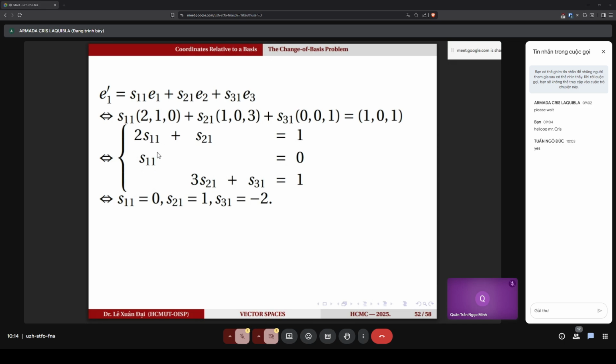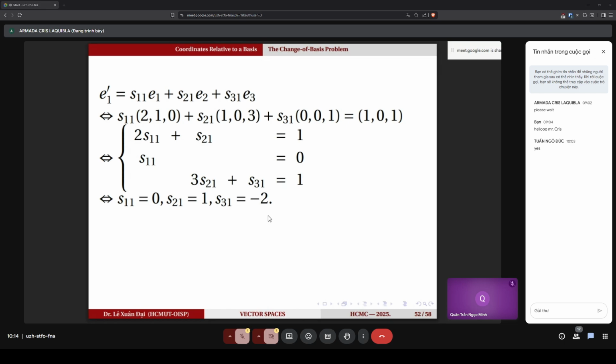If S11 is 0, multiplied by 2 is 0, so S21 is equal to 1 directly. Now if your S21 is 1, substitute it here in the third row. 3 times 1 is 3. Transfer the 3 to the other side, it becomes minus 3. So 1 minus 3, your S31 is negative 2.